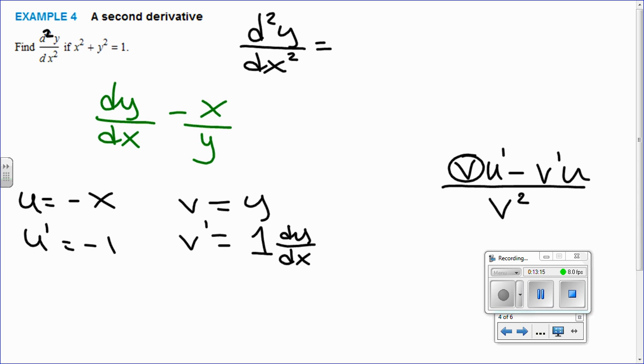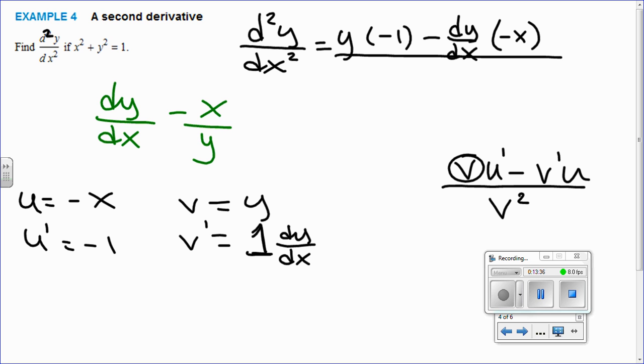So we use the quotient rule: v times u prime, which is -1, minus v prime, which is 1 dy/dx. We don't really need to write the number 1 anymore. And then u is -x, all over y squared.